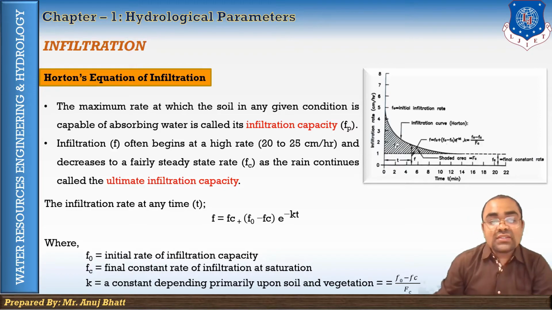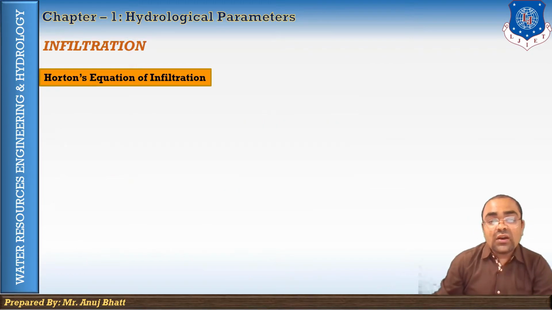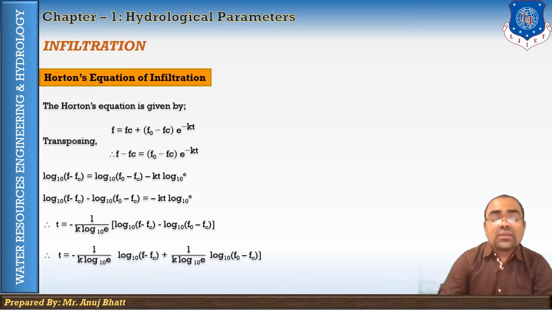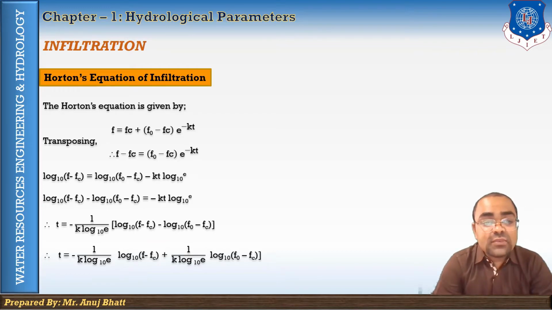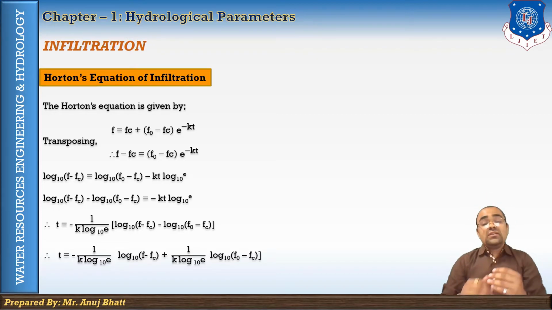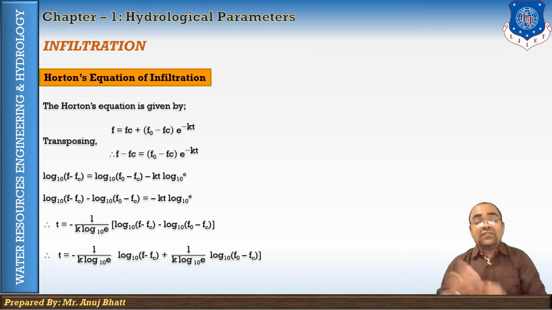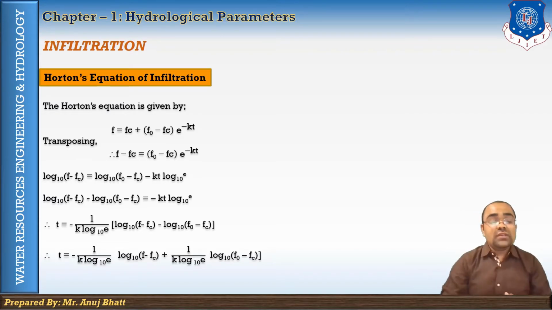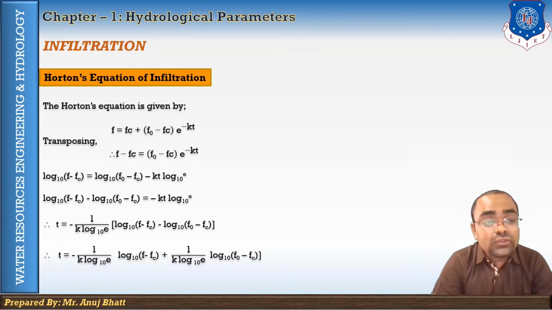So let's solve this Horton's equation. First of all, Horton's equation is f = fc + (f0 - fc) e^(-kt). Now let's transpose the fc value to the other side. So f - fc = (f0 - fc) e^(-kt). Now, to convert this e^(-kt) into log values, we need to take log on both sides.